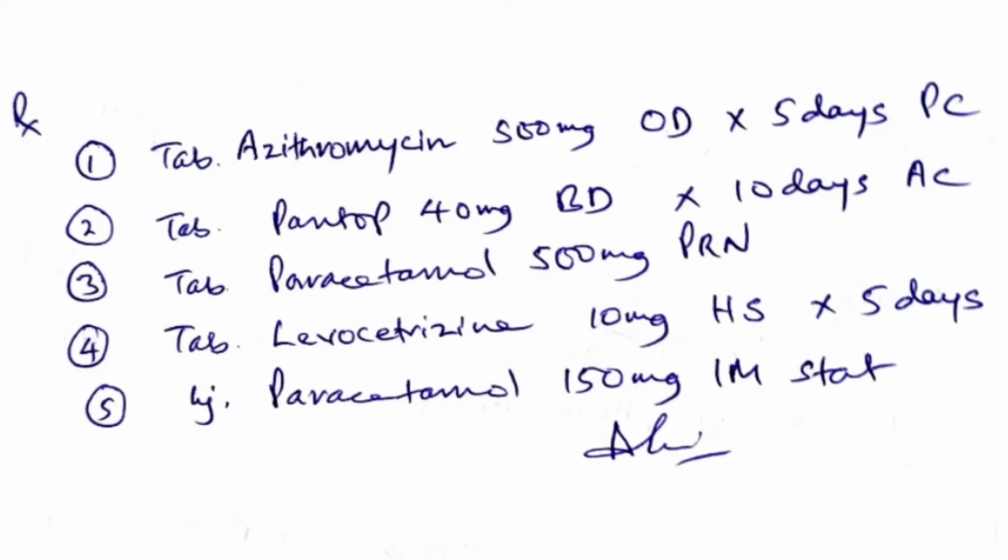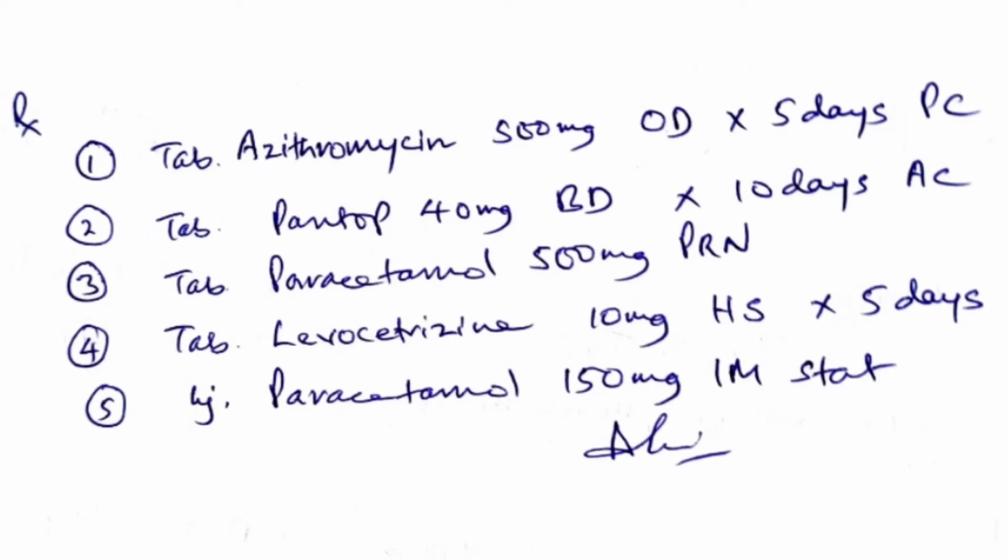The next is number 5 INJ paracetamol 150 milligram IM stat. This means injection paracetamol 150 milligram is to be given now. Stat, immediately it is to be given through intramuscular route IM.